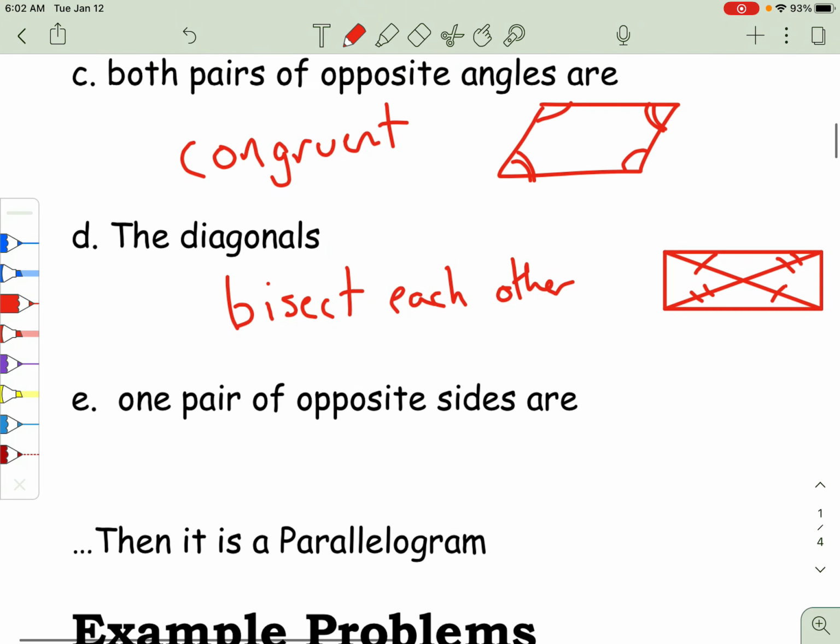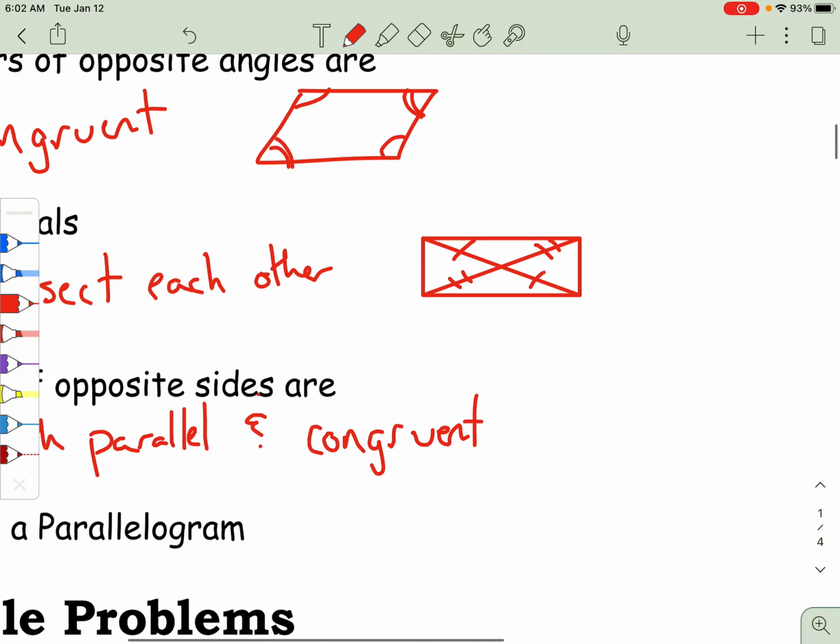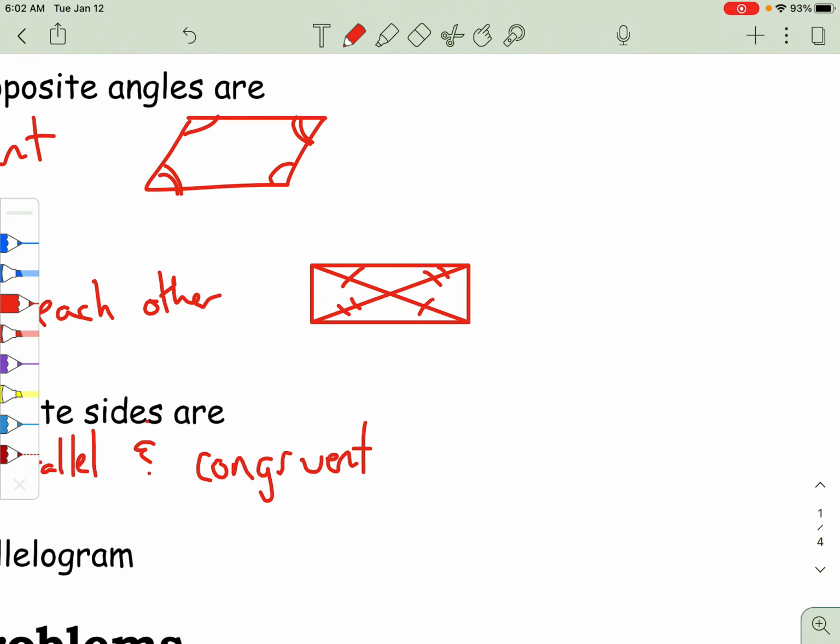If one pair of opposite sides are both parallel and congruent, then that is also a parallelogram. Okay, that's not what was supposed to happen.